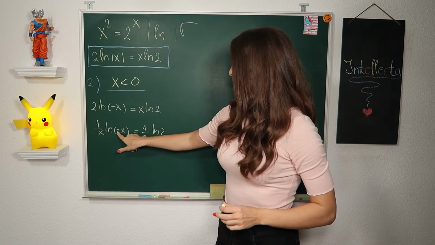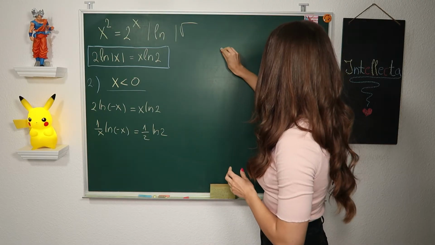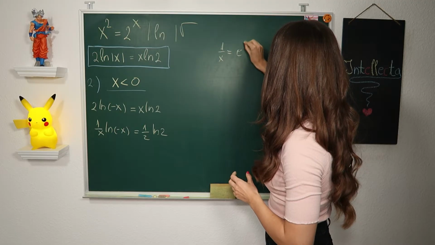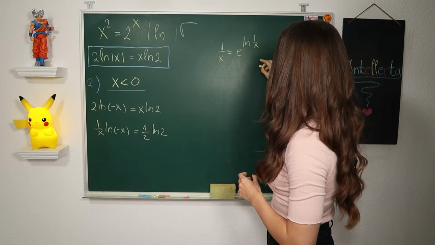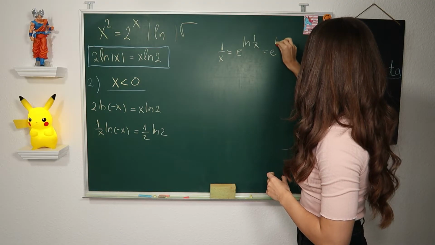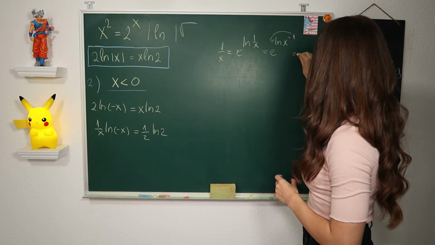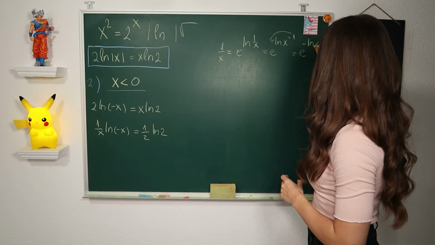We have ln of negative x. Rewriting this here 1 over x, what do we have? We have e to the ln 1 over x. And if you rewrite this here, you will have e to the ln of x raised to the negative 1. This negative 1 goes here to the front, and we have e to the negative ln x.